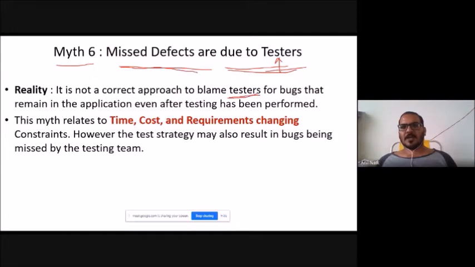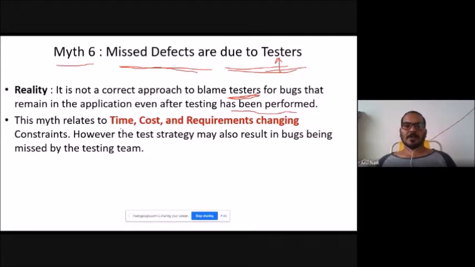It is not a correct approach to blame the testers for the bugs that remain in the application even after testing has been confirmed. We should not blame only the testers for the bugs that remain in the application even after the testing has been performed.